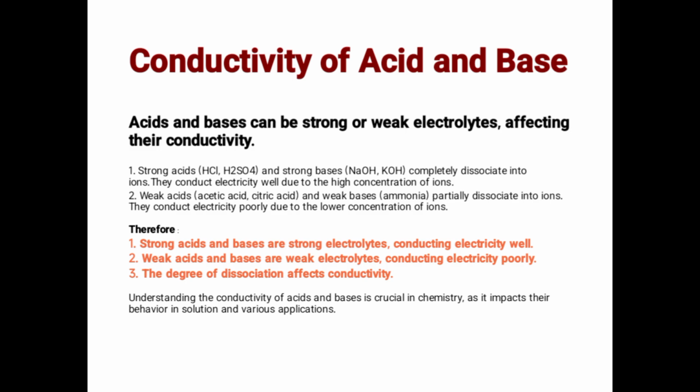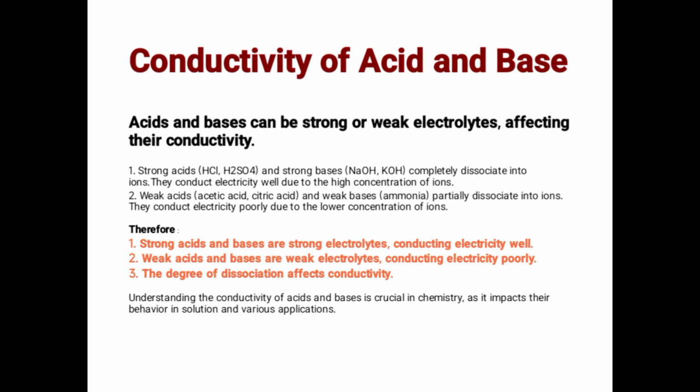Okay, let's look at the conductivity of acids and bases. Acids and bases can be strong or weak electrolytes, and that will affect their conductivity. Strong acids and strong bases, because they completely dissociate, can conduct electricity due to the high concentration of ions. Weak acids or weak bases partially dissociate into ions, therefore their conductance will be poor or fair due to the low concentration of ions.